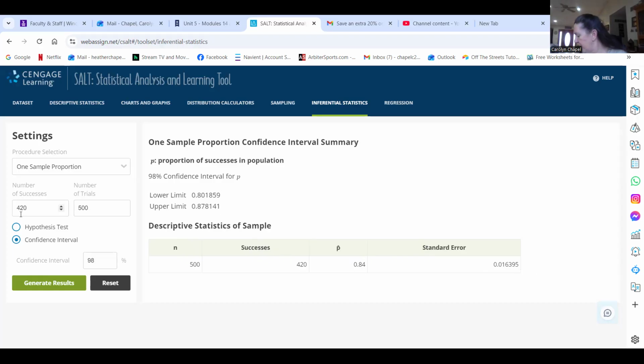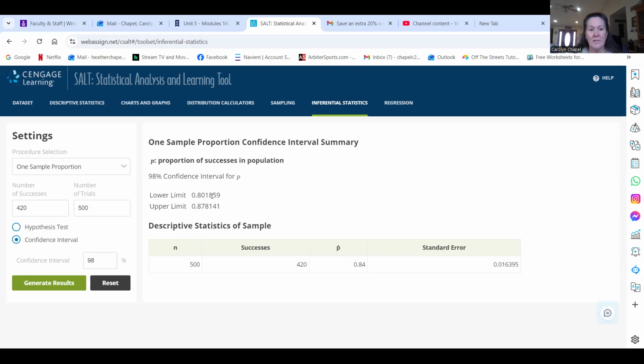So 420 out of the 500 students, confidence interval 98%. The thing they might have done is that 2.33 that I used, they may have used more decimals in the Z star. So depending on what their Z star is, is probably the difference in these values from what I have.